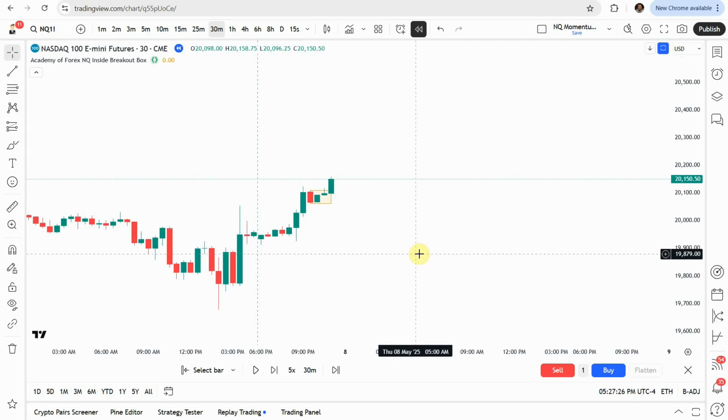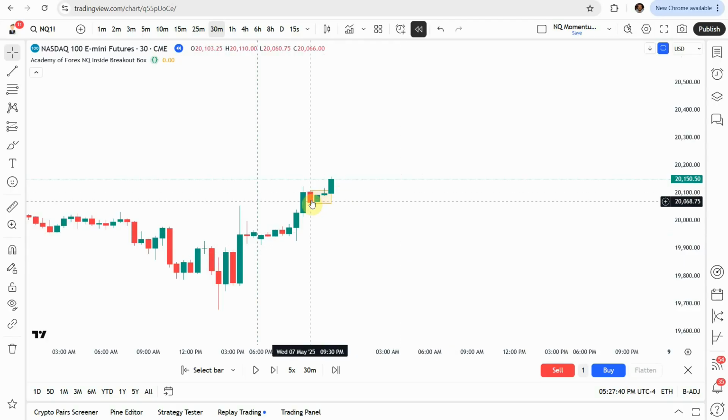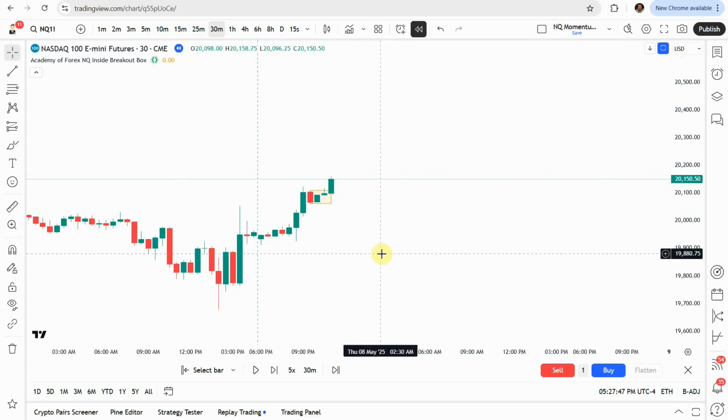The indicator that we have on screen is the Academy of Forex NQ Inside Breakout Box. For a long trade, we are looking for when this box appears. I have set alerts on this indicator.